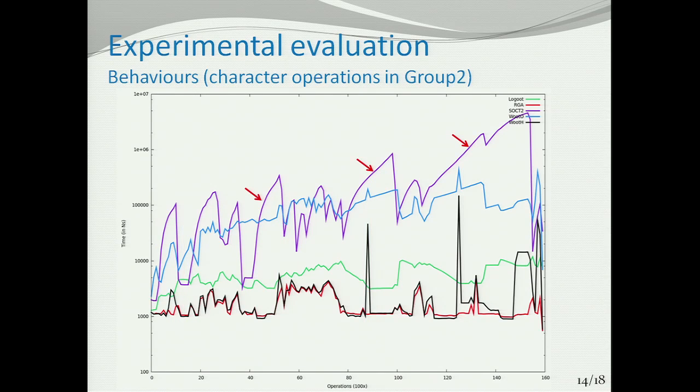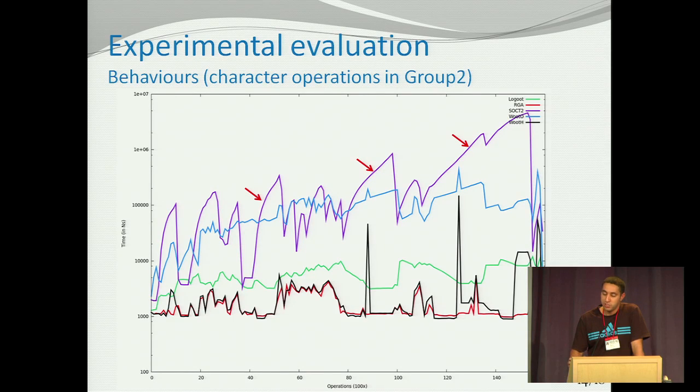We have chaotic behavior of SOCT2 due to the inefficiency of its garbage collector mechanism. The garbage collector is a mechanism to purge history and narrow the search of operations for making transformations. SOCT2 cannot be safely built into applications for real-time document editing. With this behavior, it will probably exceed 50 milliseconds very quickly.